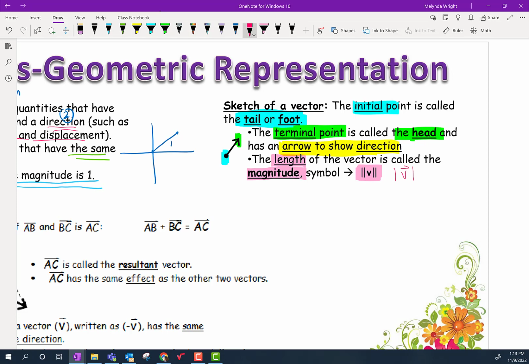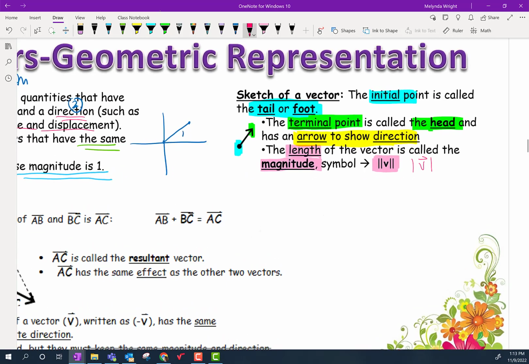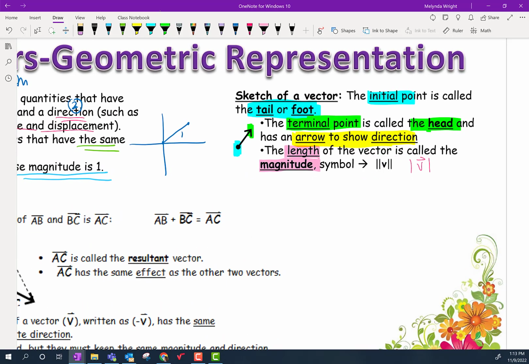So if they're putting that there, if it looks like absolute value or the double bars, they're talking about the length of the vector. When we write vectors on paper, let's look at this one in particular. This is a bolded V, right? It's bolded. That means vector.